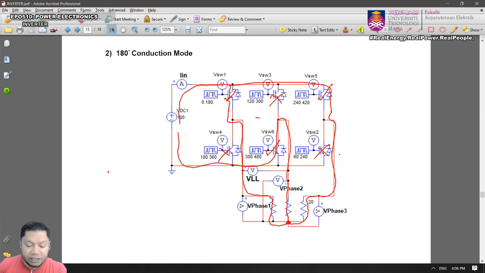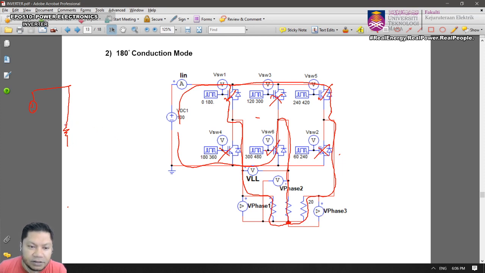Okay, so now we try to draw the equivalent circuit. Therefore, you have now the input voltage, then you have phase 1 there, and then it's split into two, resistor 1 and resistor 3.